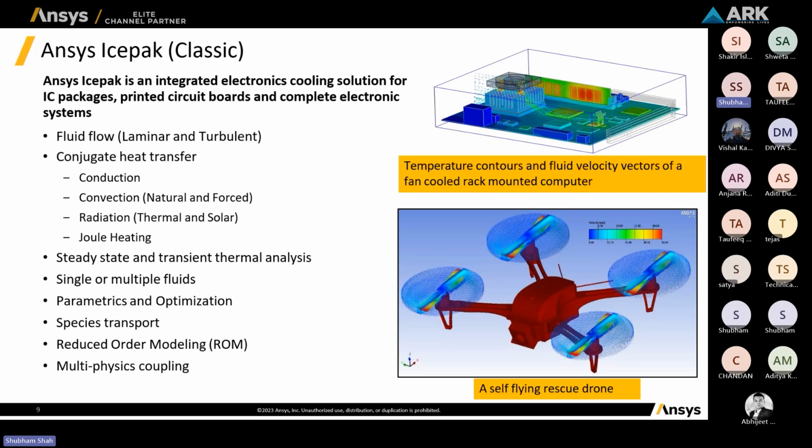Now when we talk about convection, natural and forced convection, both options are available. When we talk about radiation, thermal and solar radiations are available. When radiation is there, we can also go ahead with the solar load calculator, which will already have the solar load data, that is basically heat flux, or else you also have an option to load your own heat flux.